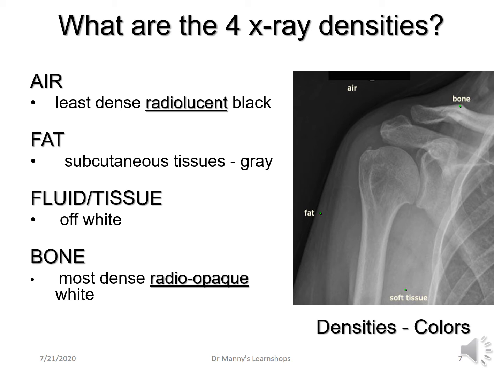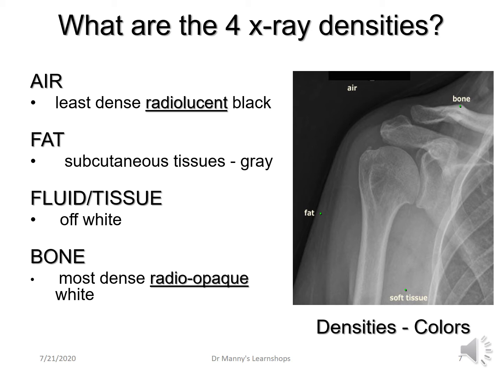Bone is the most dense. It's referred to as being radio-opaque or really, really white because it now inhibits most of the X-ray beam getting to the film, and because that happens, it creates a white image on an X-ray. Air is the least dense, it will be black.